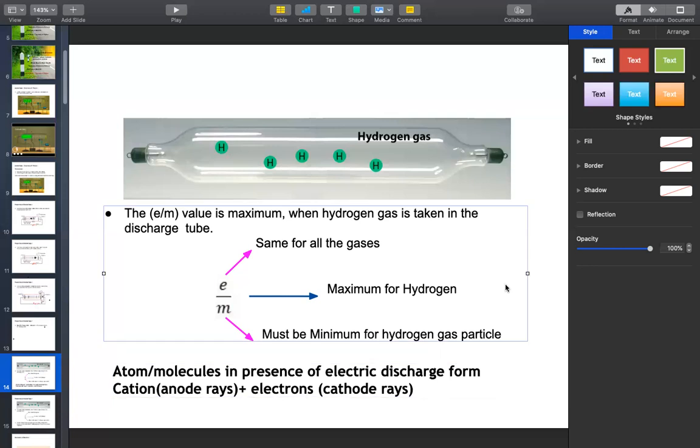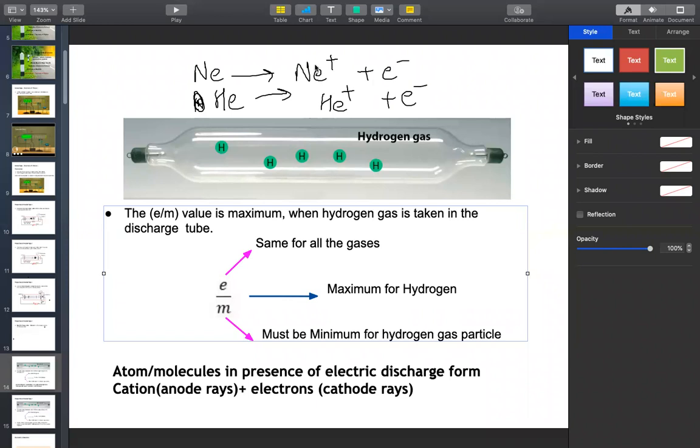So why is it happening like this? I already gave you one example of neon and helium. Neon, in the presence of an electron, will lose its electron, giving Ne plus and an electron. Similarly, helium in the presence of strong voltage will become He plus and an electron.